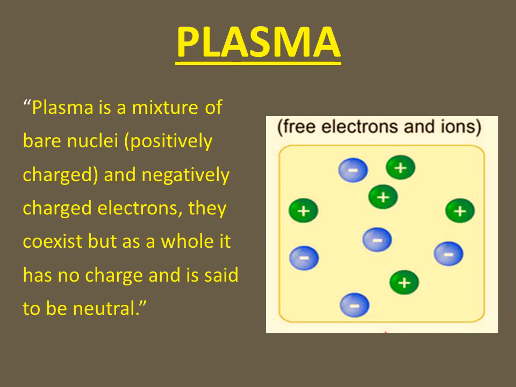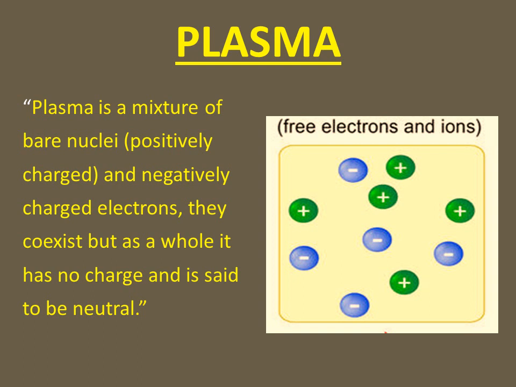Then comes the plasma. Plasma is a mixture of bare nuclei, positively charged, and negatively charged electrons. They coexist, but as a whole, it has no charge and is said to be neutral. In this picture, you can see positive charges. They are nuclei. And you can see the negative charges. They are electrons that are ripped away from these nuclei.